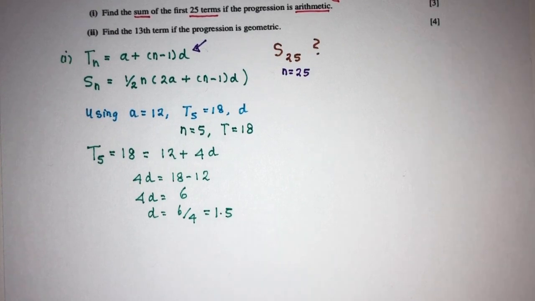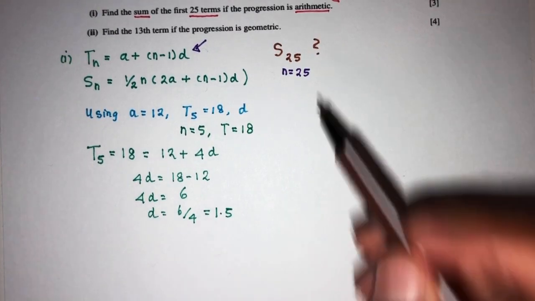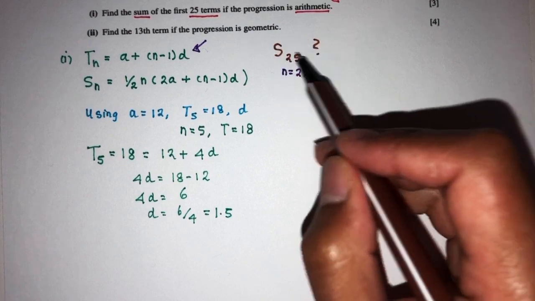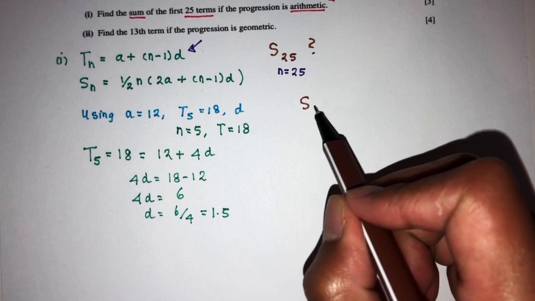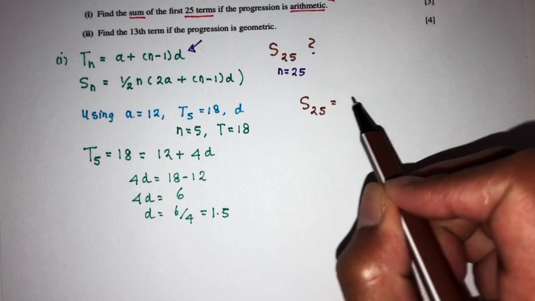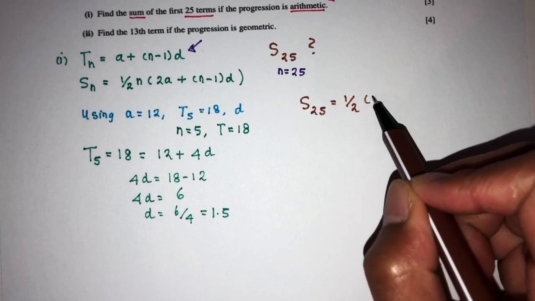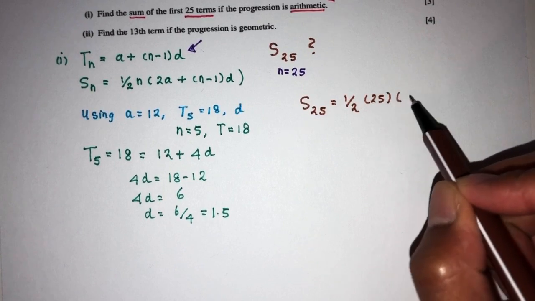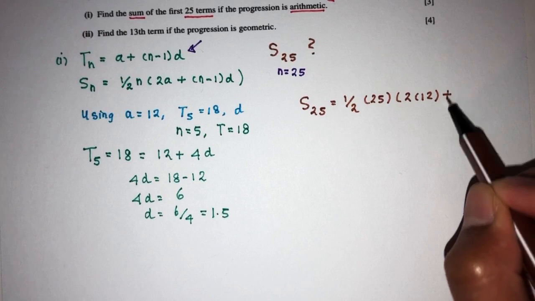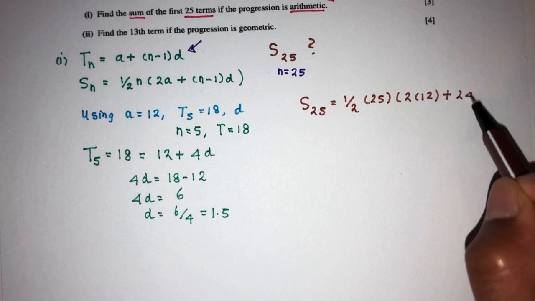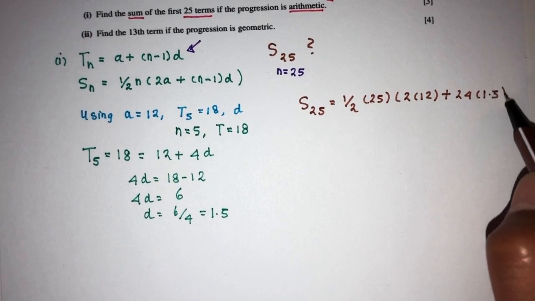Now that you have this value, you can proceed to find the sum of the first 25 terms. Let's replace back in this equation. The sum of the first 25 terms will be half times n, which is 25, times 2 times a, which is given as 12, plus n minus 1, which is 24, times d, which is 1.5.